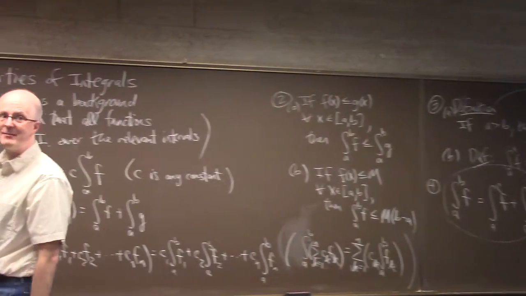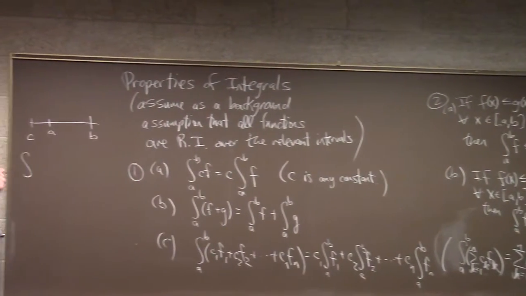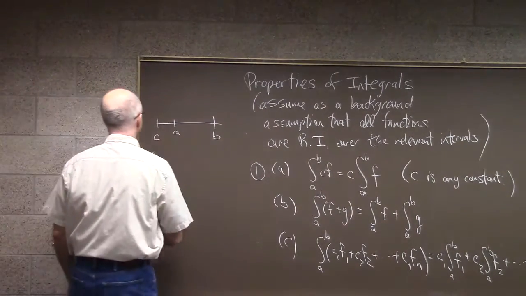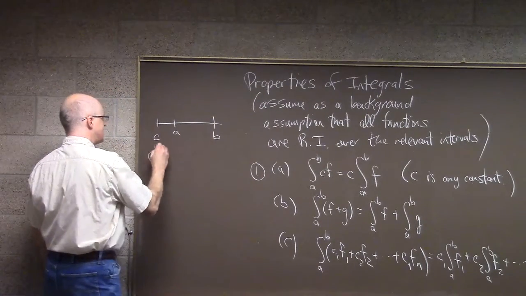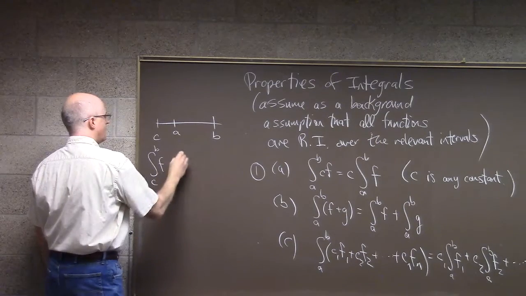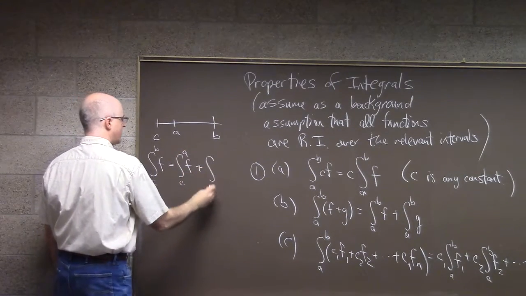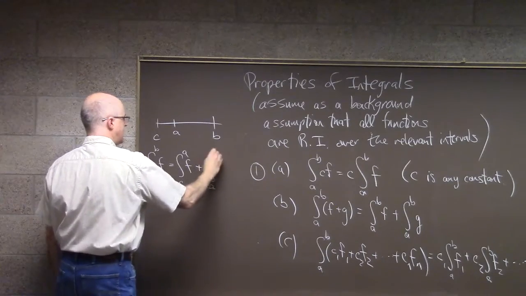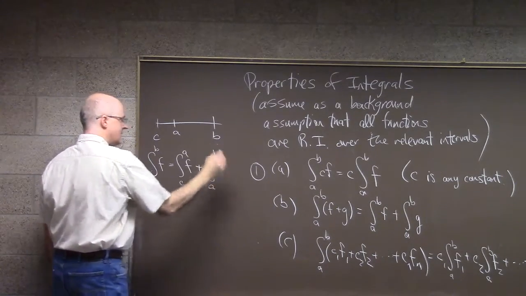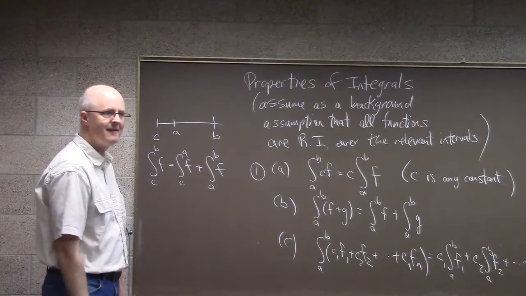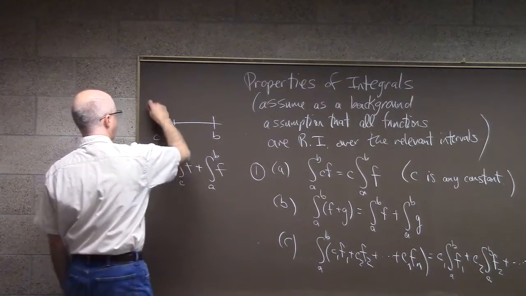C is not between A and B. However, in this picture, A is between C and B. So I could certainly write down that the integral from C to B would equal the integral from C to A plus the integral from A to B.